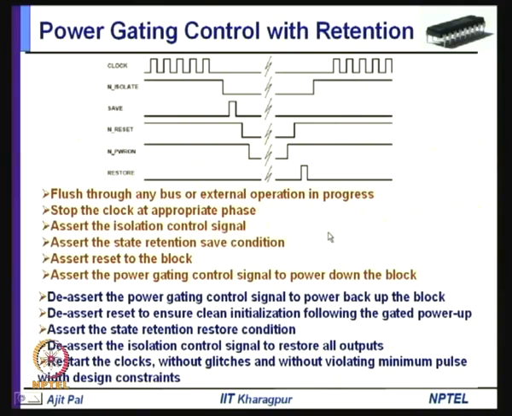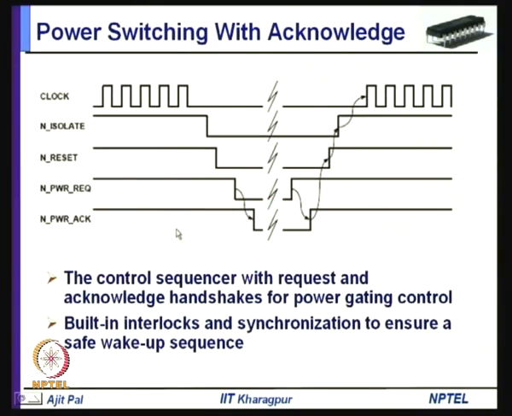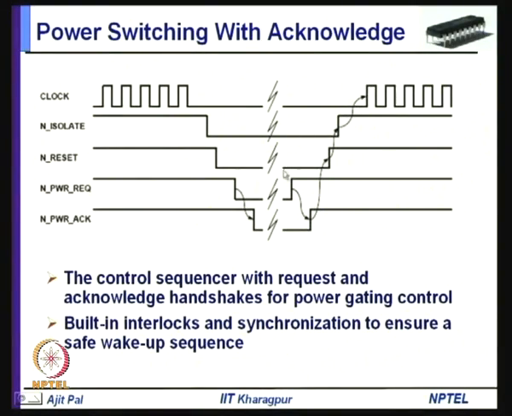Now, whenever you are using this approach, the power management unit controller is interacting with the switches. The switches can have different delays depending on the actual realization. So, they can have variable delays. To take care of variable delays, you can work in an asynchronous mode, in which case there is a kind of handshaking, as you can see.